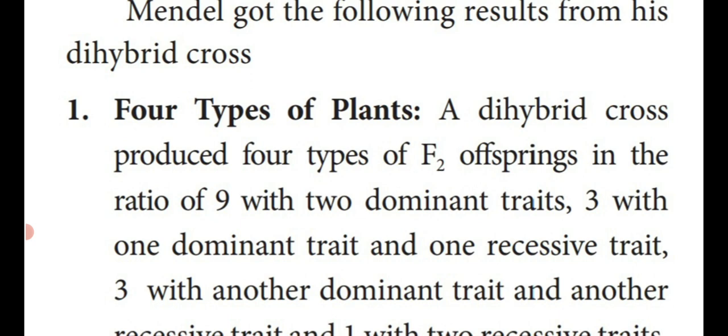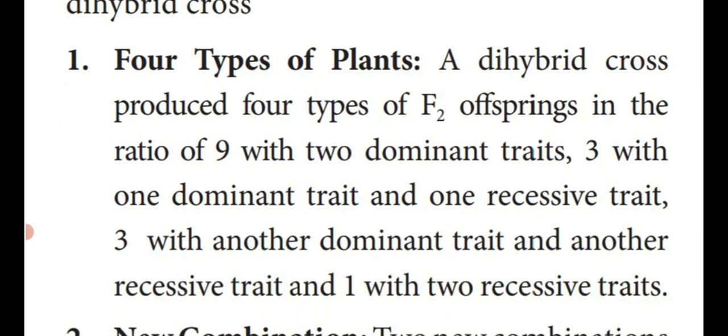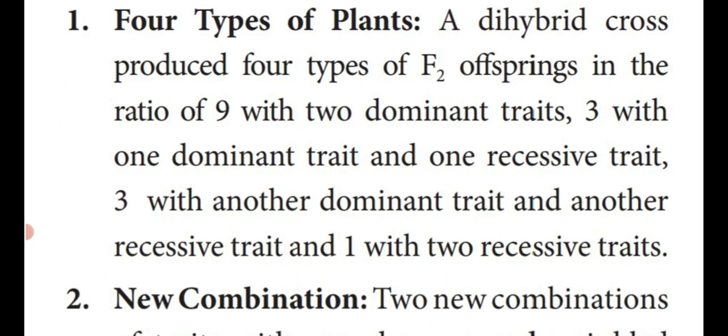Round yellow, dominant. So within the box, 1 capital R, 1 capital Y is present, which means 2 dominant traits. 3 with 1 dominant trait, that is 1 capital R, 1 capital Y. So this 3 is with 1 dominant trait and another one is the recessive trait.